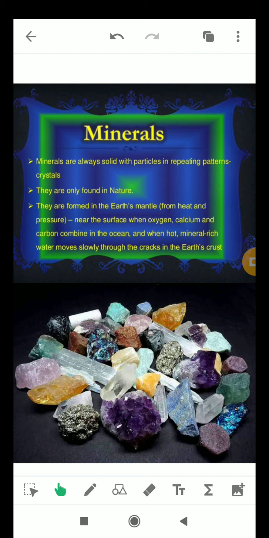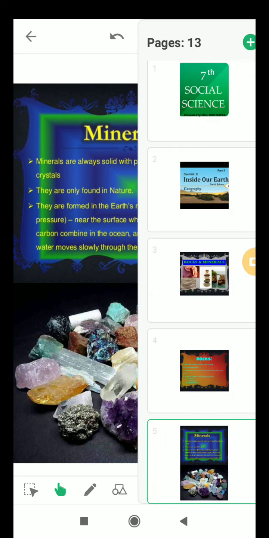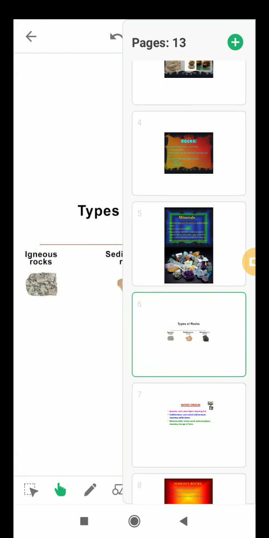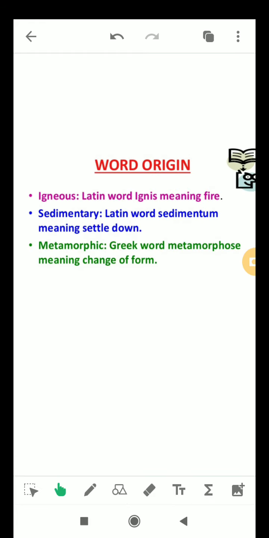On the basis of their formation, geologists have classified rocks into three groups. What were the groups? They were igneous, sedimentary and metamorphic rocks. Let us discuss igneous rock. Before that, we will know the word origins of these rocks.